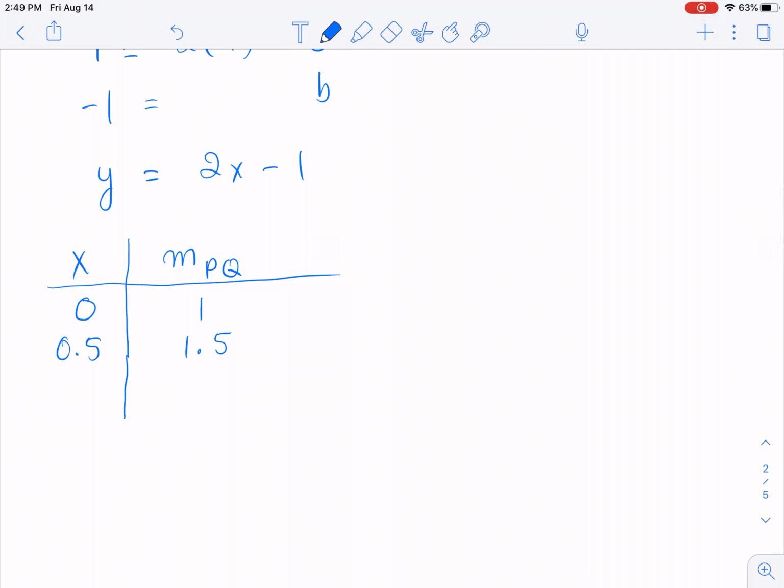If you pick x equals 0.9, I'm trying to get x closer and closer to 1. So 0.9, you're going to get 1.9 for the slope, and so on. If you pick 0.99, the slope is going to be 1.99. As you can see, it's getting closer and closer to 2. Okay? And that's how we find the slope of our tangent line.